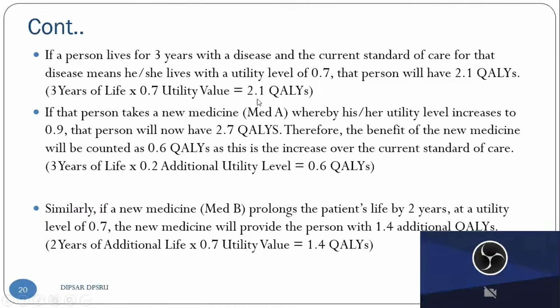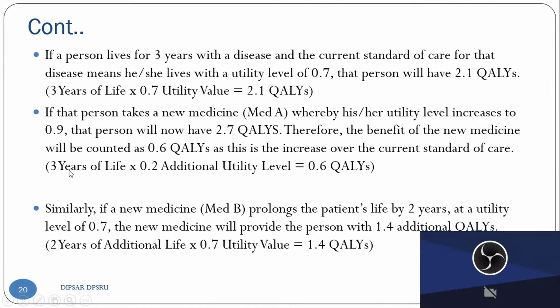So how much QALY did that medicine add? 0.6. I hope I am clear to all of you. So how much QALY increased? 0.6 by giving that medicine. You can see that when you are calculating, because your utility score is increased by the medicine from 0.7 to 0.9, when you multiply 3 by 0.9 it becomes 2.7, and the benefit of the new medicine is 0.6, because 2.7 minus 2.1 is 0.6, as this is the increase over the current standard of care.